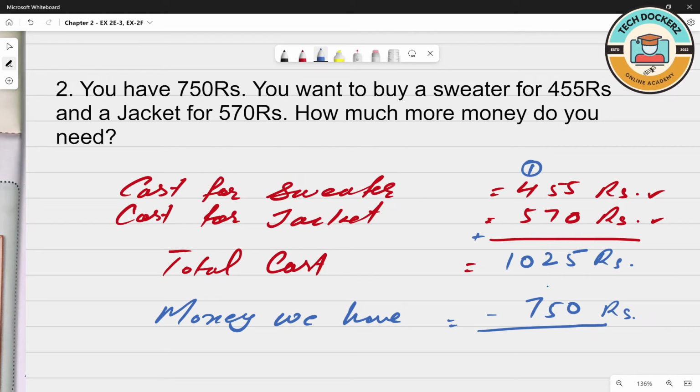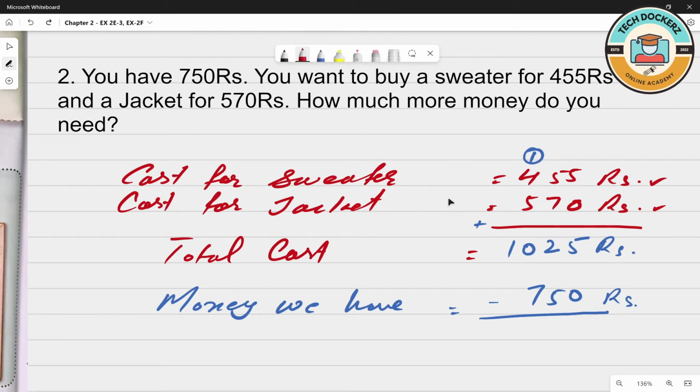So now we will do the subtraction to get how much more money we need to buy the jacket and sweater. Let's do the subtractions as we do. 5 minus 0, 5. We cannot subtract 5 from 2. We will borrow 1 from 1. So this 1 will become a 0 and this 0 will become 10.